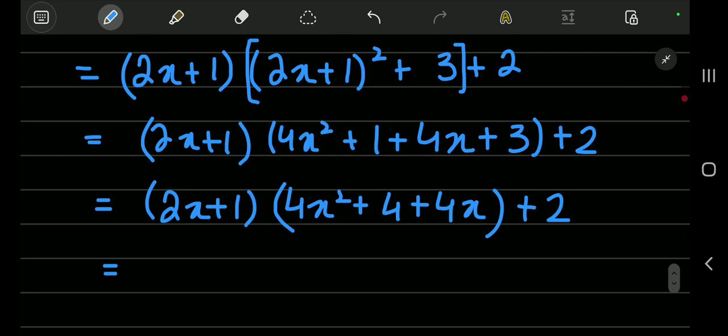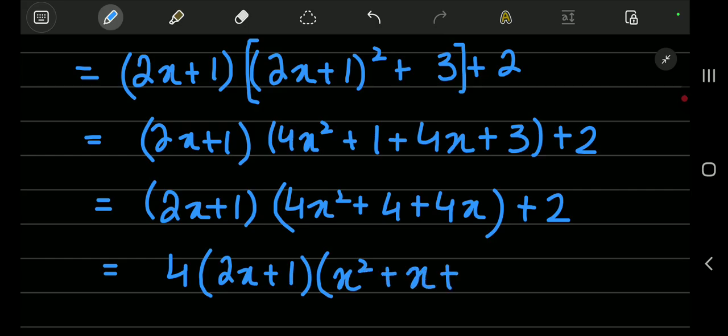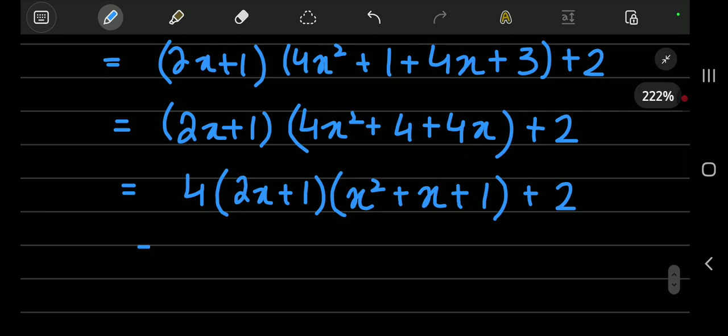If we take 4 common out of it, we will be left with (2x plus 1) times (x squared plus x plus 1), that is 4 times some expression, plus 2. Or you can solve it further to make it more reasonable.